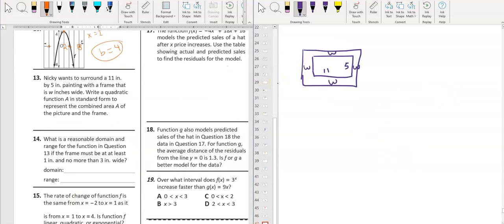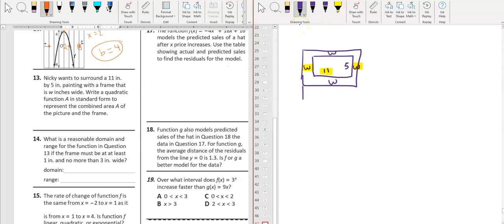Now in number 13, we have our infamous painting surrounded by a frame problem. We're going to write a quadratic function in standard form to represent the combined area of the picture and the frame. So here we have our picture. That's 11 by 5. I know that this side of my frame is W, and even though my picture isn't drawn perfectly, this side is W, this side is W, and the length of the picture is 11.